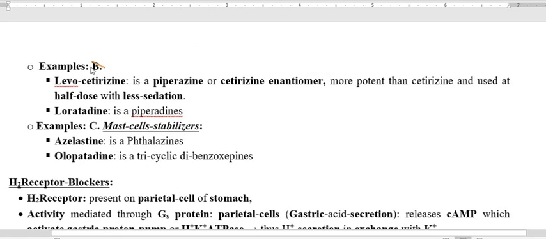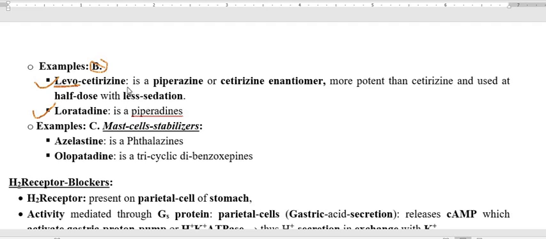Now we go through class B under the same second generation H1 receptor antagonists. Here, you put levo before cetirizine, so levocetirizine, and remove the des, then comes loratadine. These two drugs, levocetirizine and loratadine, are both very important.